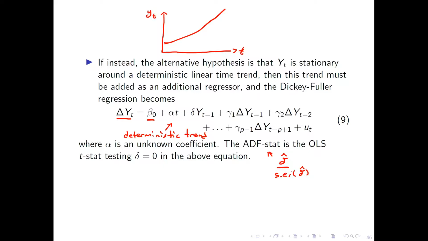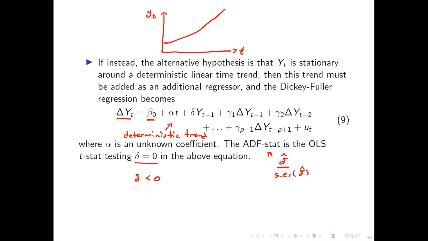Okay, so this is the augmented Dickey-Fuller statistic, which is just the t-statistic from the augmented Dickey-Fuller regression. And the null hypothesis is that of the population delta being equal to 0. And the alternative hypothesis is that the delta is less than 0.